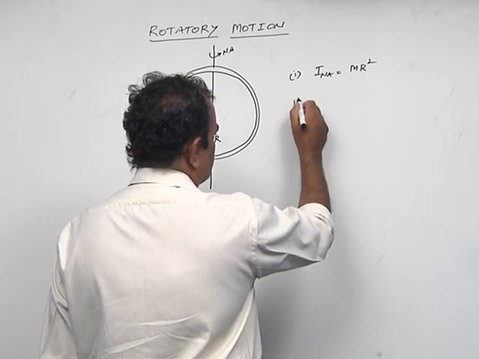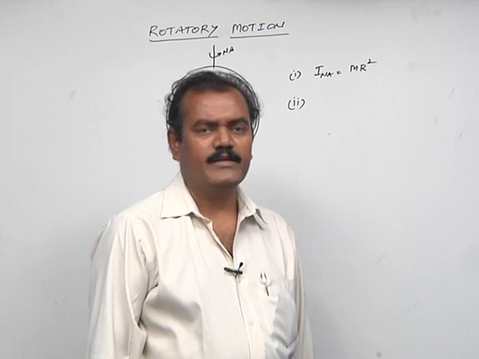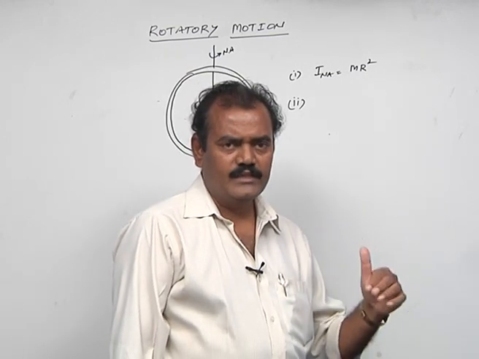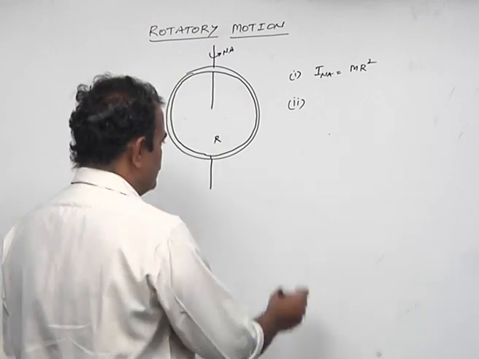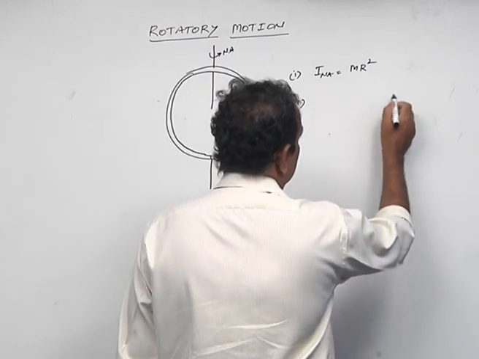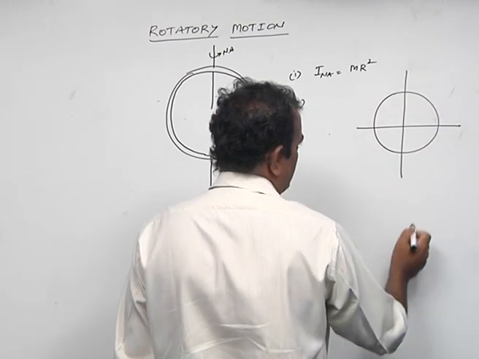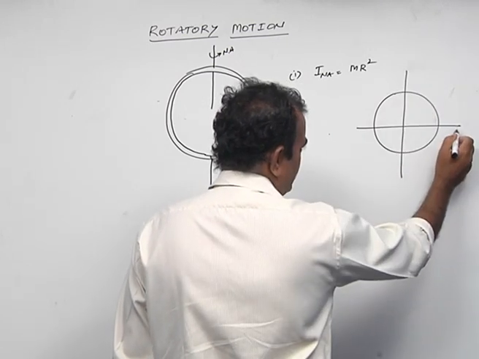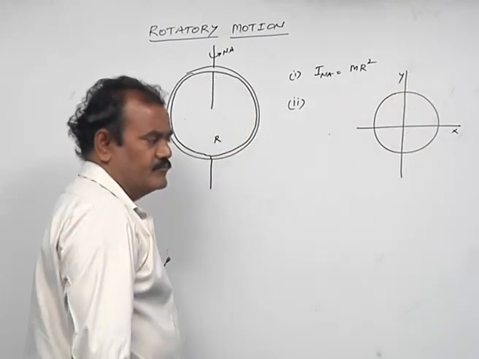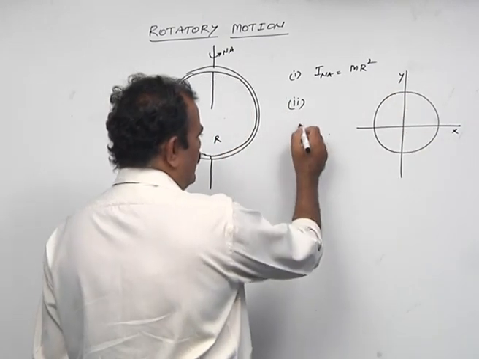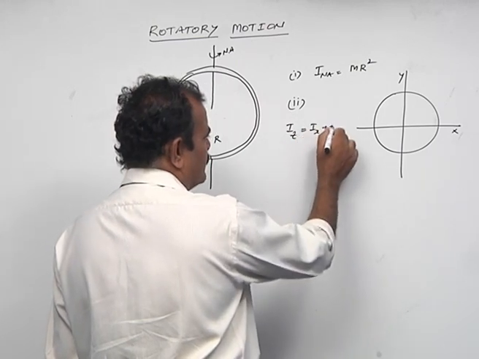When you are coming to the second one, about the diametric axis, you have to take the help of the perpendicular axis theorem. Diametric axis means, suppose this is one diameter and this is another diameter, one taken along the x-axis and the other along the y-axis. Already we know that according to the perpendicular axis theorem, Iz is equal to Ix plus Iy.